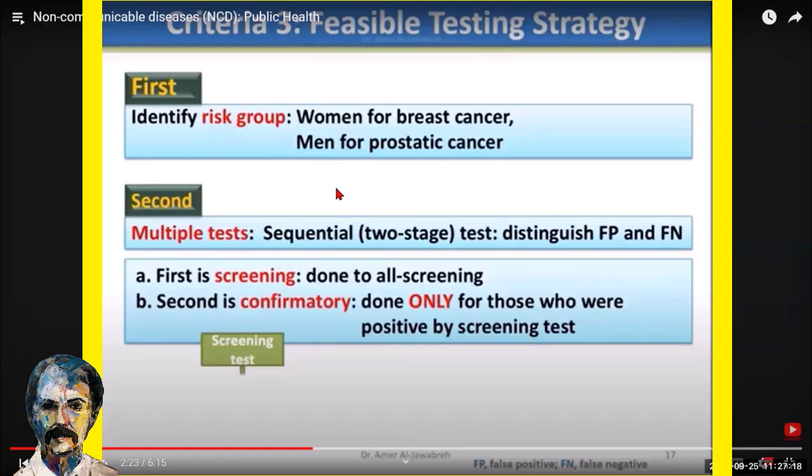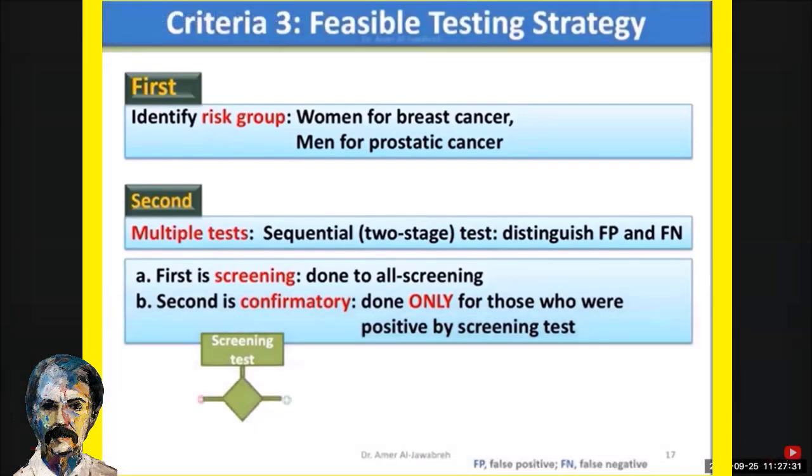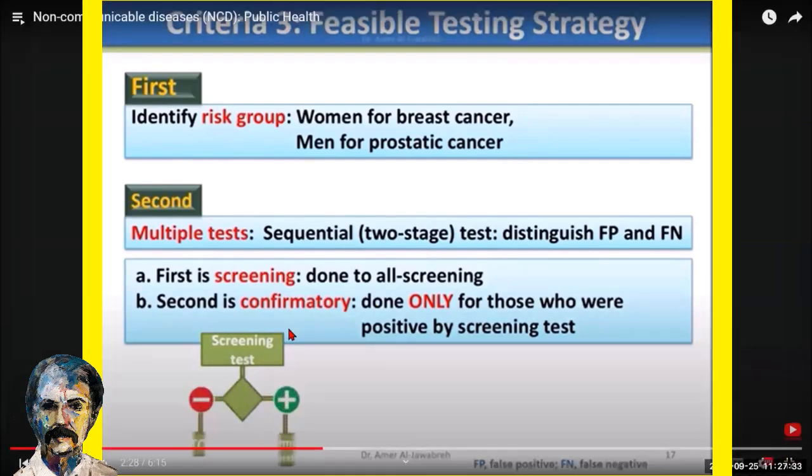So we have a screening test level and a confirmatory test level. As you see here, we only go for confirmatory if the screening is positive. When screening is negative, we stop, because screening tests are usually sensitive. But if positive, then we go for confirmatory.